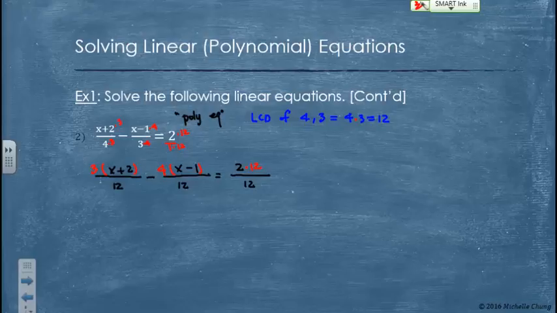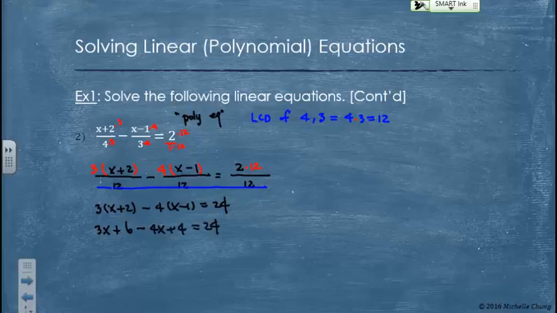So basically you can cancel out all the denominators because this is an equation. So then we can rewrite your given equation as numerators only, which is 3 times (x plus 2) minus 4 times (x minus 1) equals 24. So now you have exactly the same format as the previous ones. Do the same steps. Distribute your number in front of the parentheses, and then combine the like terms on the same side.